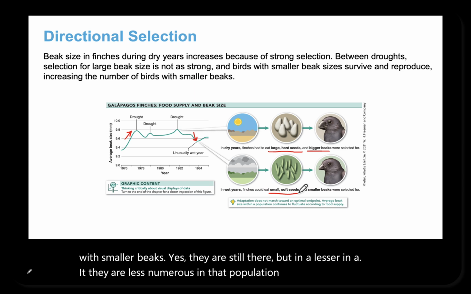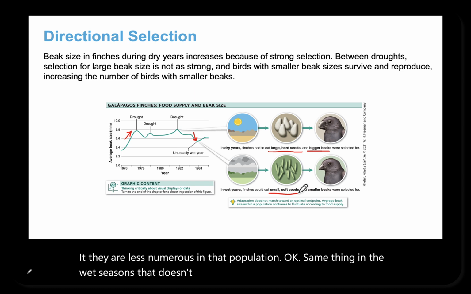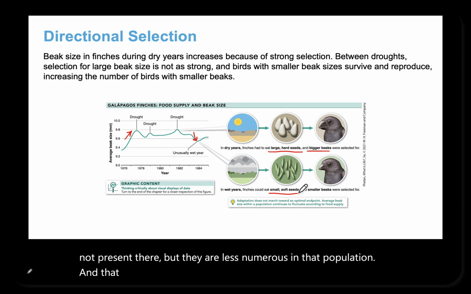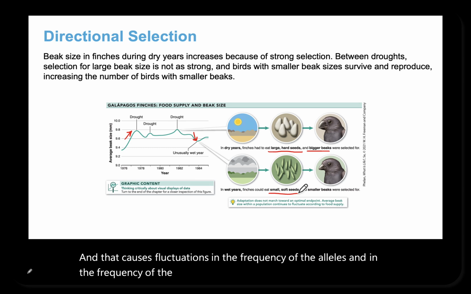Same thing in the wet seasons. That doesn't mean that the ones with bigger beaks are not present, but they are less numerous in that population. And that causes fluctuations in the frequency of the alleles and in the frequency of the genotypes.